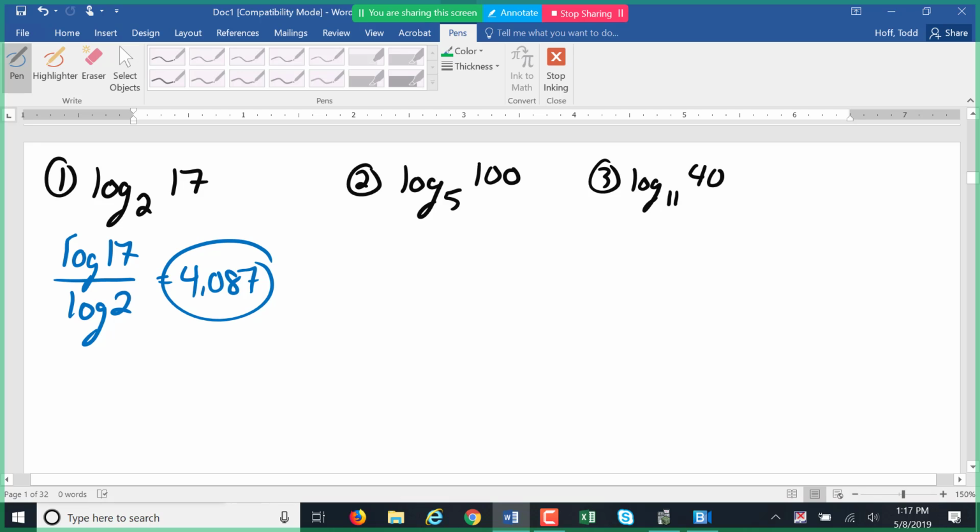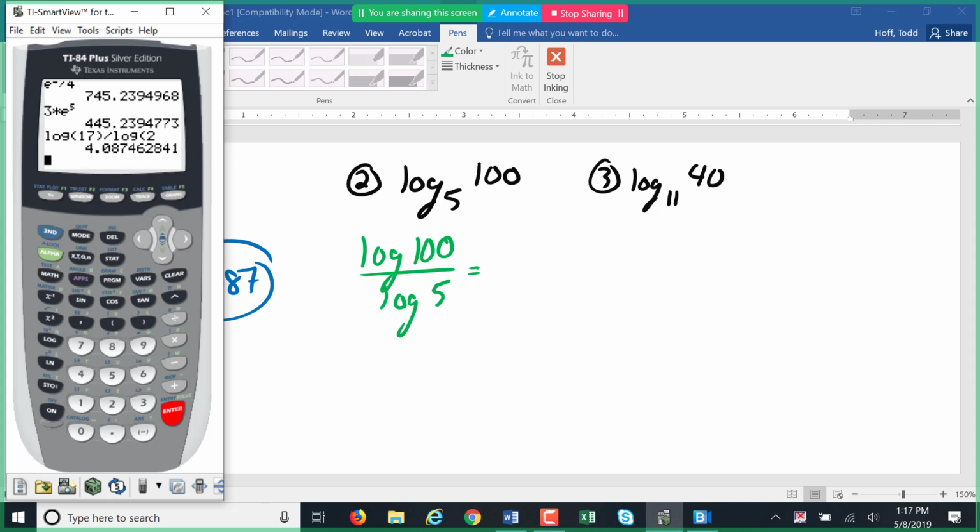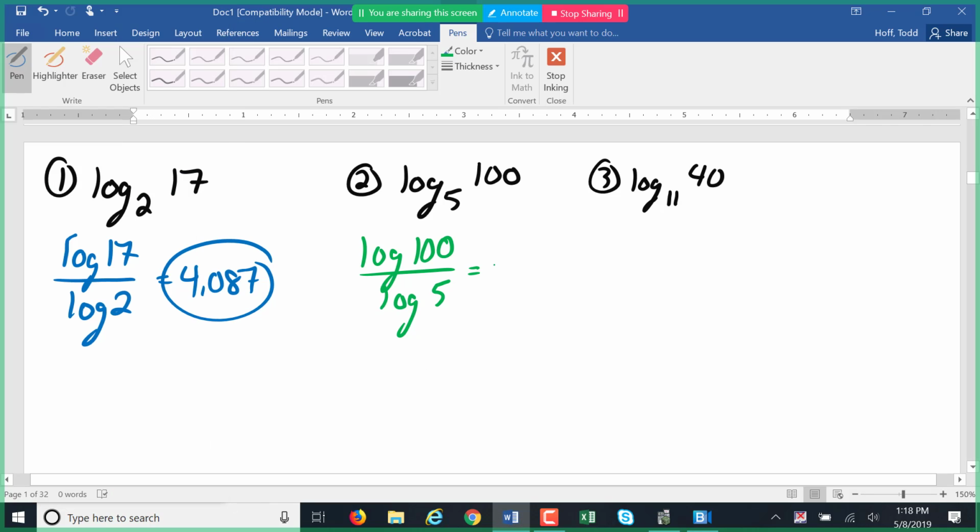The second one, log base 5 of 100. That's log of 100 over log of 5. 2.861.